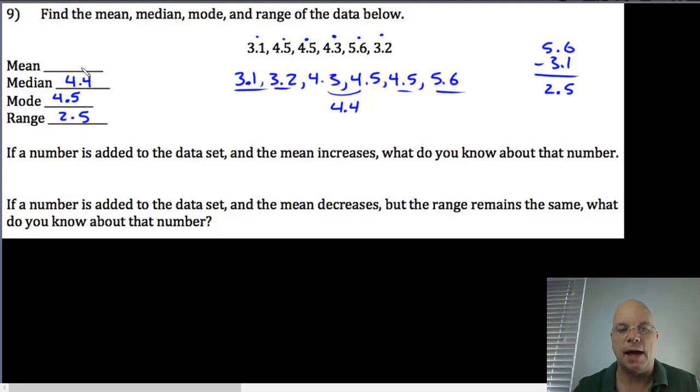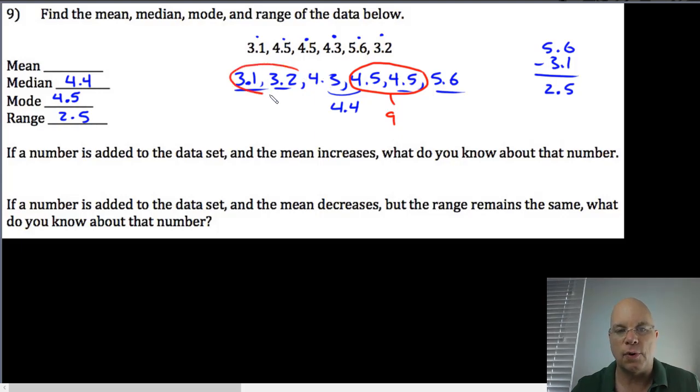To find the mean, I have to add up all the numbers and then divide by how many numbers I have. We know we have 6 numbers, so I just need to find the sum of those numbers, and I'm going to choose number pairs that add together nicely, because, for example, 4.5 plus 4.5 is 9.0.